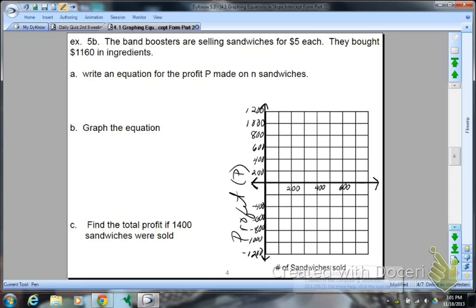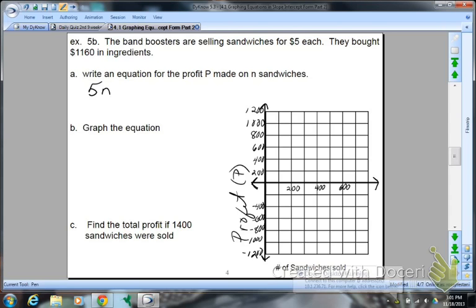So how much are they charging per sandwich? They're selling for $5. Do we know how many sandwiches we've sold? How many? N. And we charged $5 for each sandwich. So how would you write that? 5N. Now, what we did was we went to the store and bought all these ingredients, and we spent $1,160.